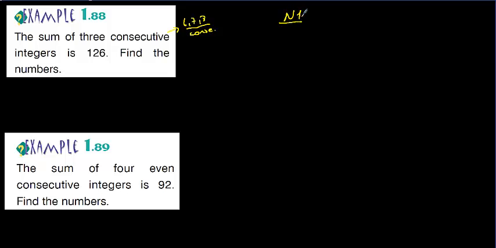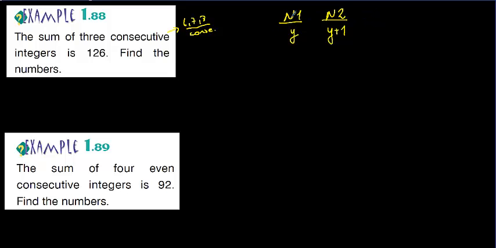If I say number 1 is x, or I can use another letter for this one, let's say y, then number 2 is going to be equal to y plus 1. Why y plus 1? Because when we say consecutive integers, as you see 6, 7, and 8, they are increasing by 1.